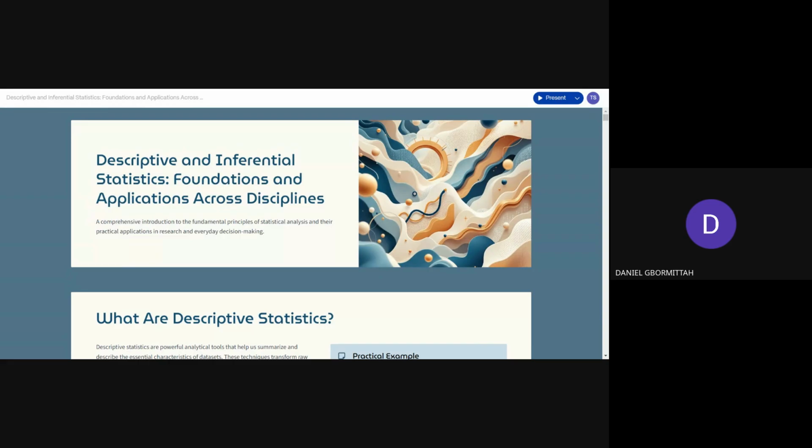They try to describe a data set, the nature of a data set. Unlike the inferential statistics, which make predictions about a larger population based on the sample data, descriptive statistics focus solely on describing the data we have in front of us.